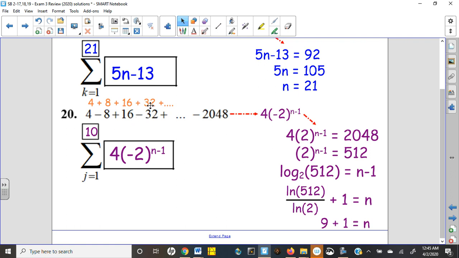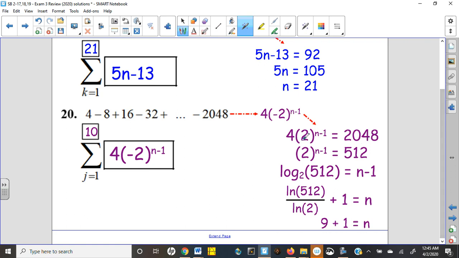But 32 is still the fourth term. And so what I can do is just turn everything into positives to solve for how far out in the pattern I am. And then I can turn back the negatives on to actually get the answer. This one didn't actually ask me to go that far, but that's why I got rid of the negatives. You can't have negatives in certain parts of logarithms.